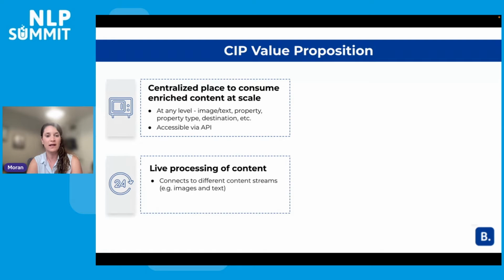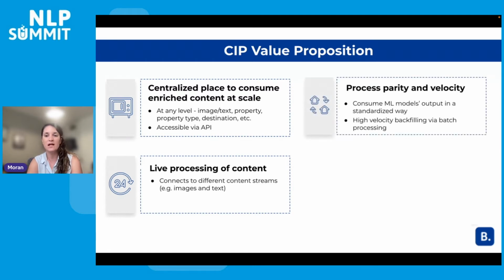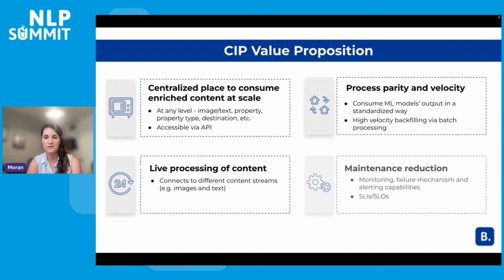And there is online live processing for new content that is coming into Booking. We deal with a lot of velocity and batch processing to do it fast. For any new model, we do the backfill within a few weeks, and then it's ready for consuming.